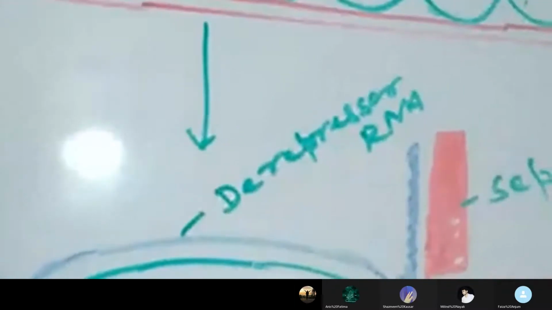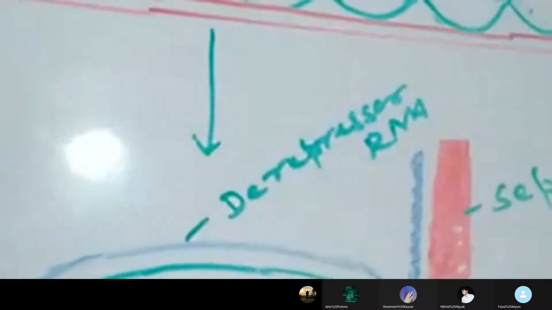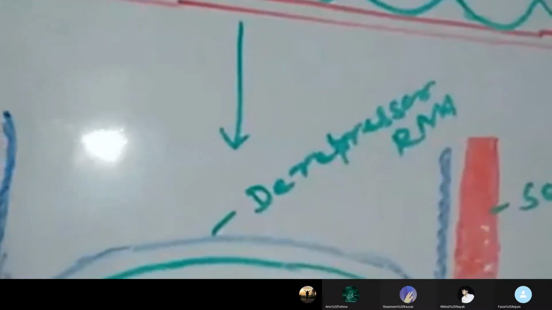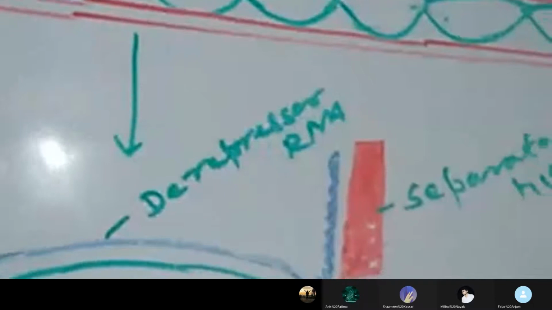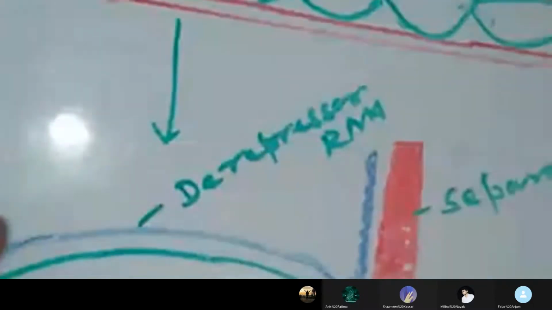In the central DNA, the histone protein has undergone dissociation, and the central part of the DNA, as shown in this diagram, has become exposed due to the removal of the histone protein. In this part the histone protein is not associated, and the histone protein which has been separated from the DNA duplex has been shown here.